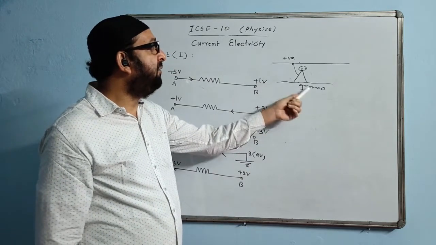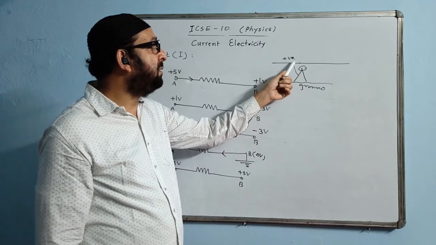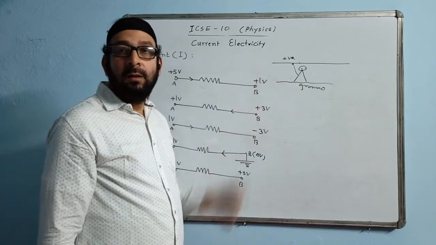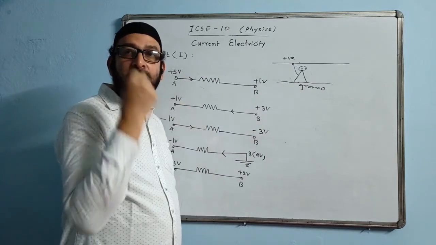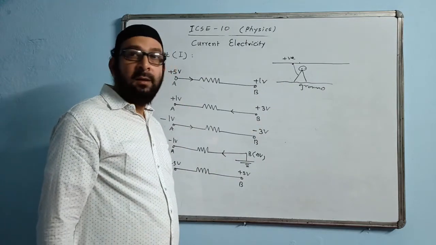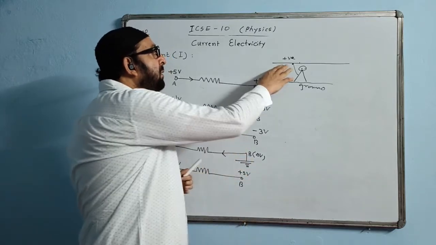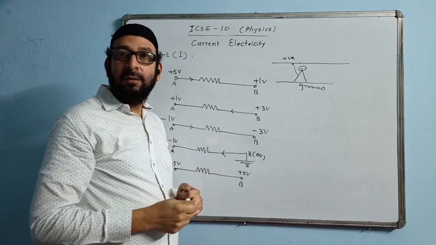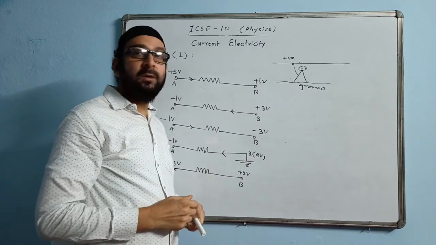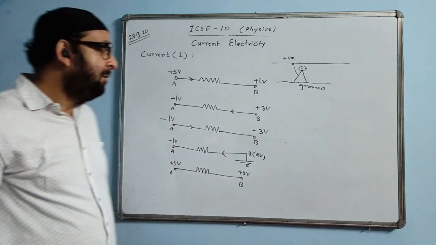So there will be a potential difference, and that will cause the current to flow through the body of the person who is touching it, and the person receives the shock. That is the idea behind it. But if you are holding the wire and hanging in air, you will not get electric current. But that is not possible, and you should not try that also.